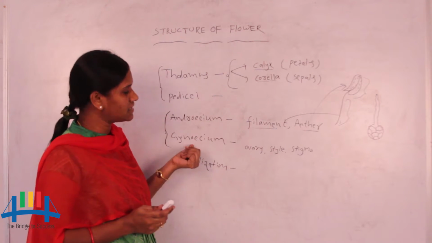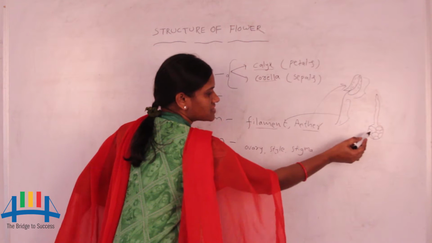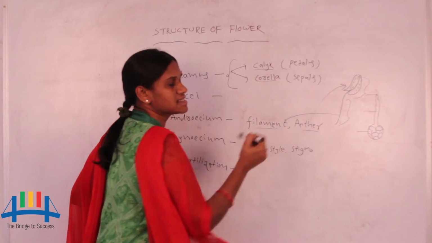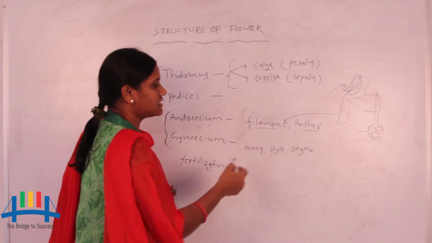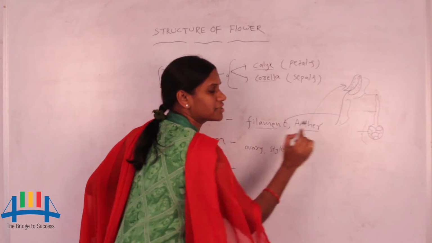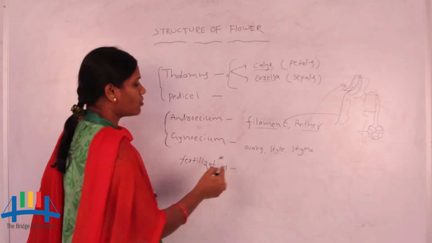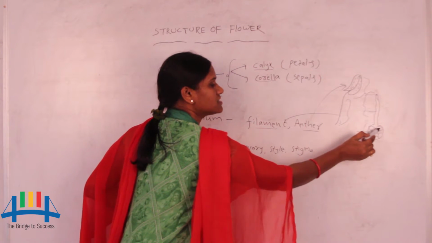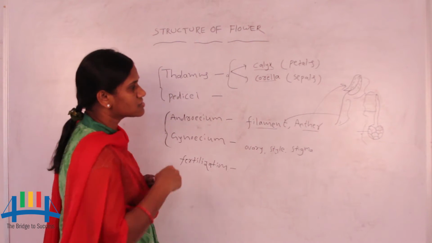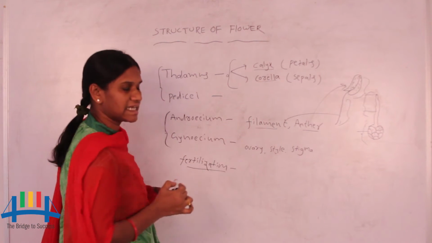In the gynoecium, the ovary, style and stigma are present: the first is the ovary, second is the style, third is the stigma. The ovary is the reproductive part, and the remaining two are non-reproductive. The ovary contains the ovules, called female gametes or eggs. The fusion of male and female gametes is called fertilization.